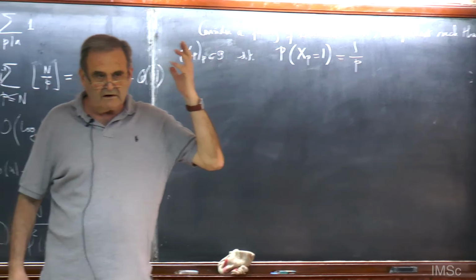Good. And now what he does is he introduces something, let us say omega tilde n, which is the sum of the X_p, p up to n.